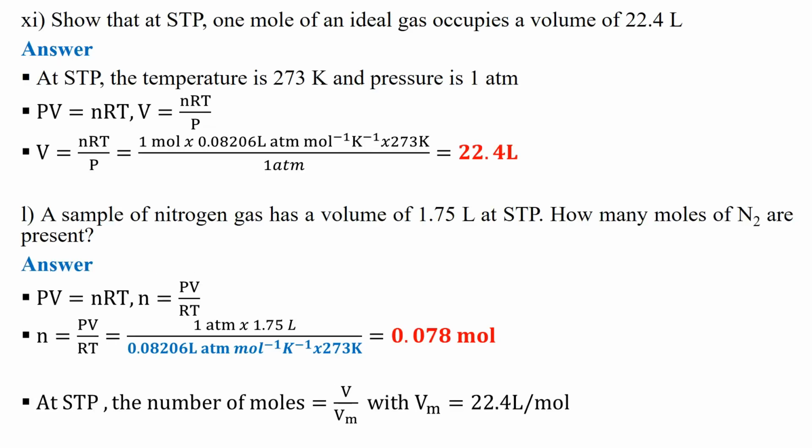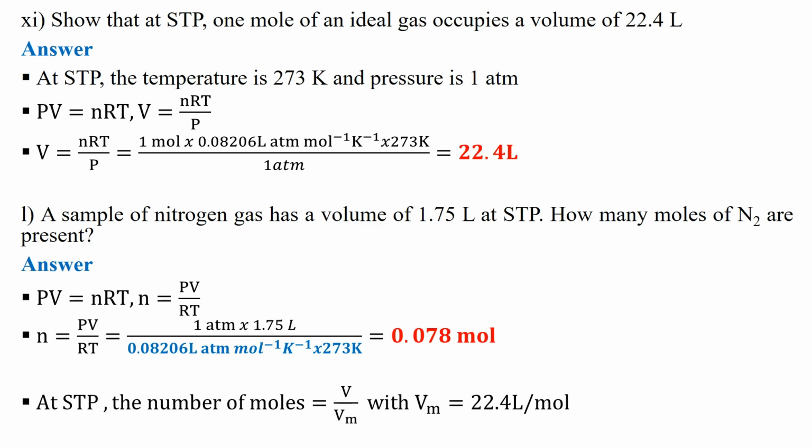Next question is asking to prove that at STP, 1 mole of an ideal gas occupies a volume of 22.4 liters. For this one, we know at standard temperature and pressure, the temperature is 273 Kelvin and the pressure is 1 atmosphere. Then we calculate the volume occupied by 1 mole of gas. So that means that we replace n by 1, the gas constant stays constant.